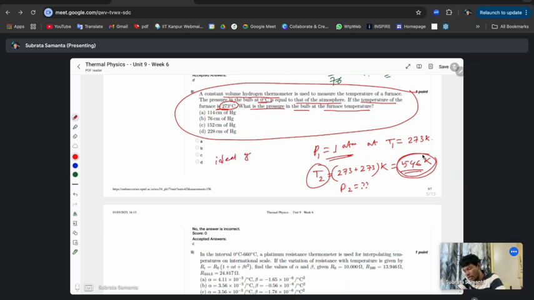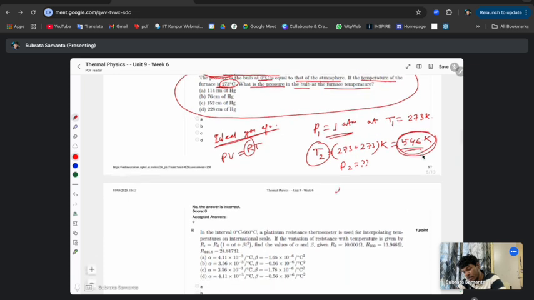So the ideal gas equation at constant volume. What is the ideal gas equation? PV equals RT, right? R is the universal gas constant. So at constant volume, P is proportional to T, right?